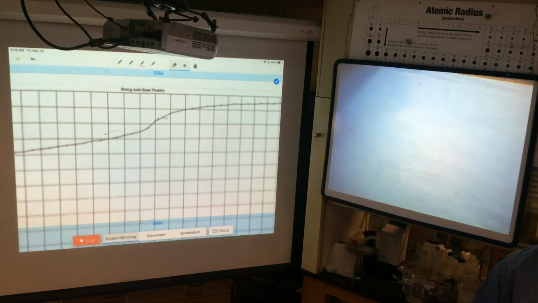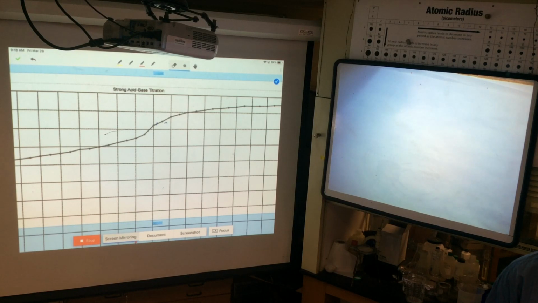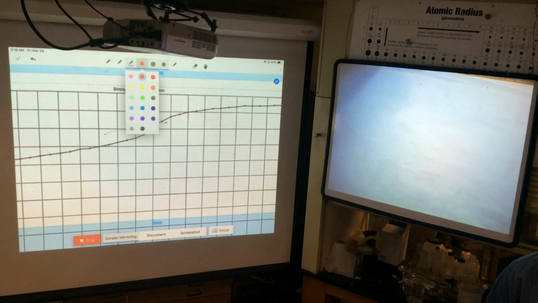So here, graphically, and again, this is always an estimate from the data table, but we can still do some good stuff here.